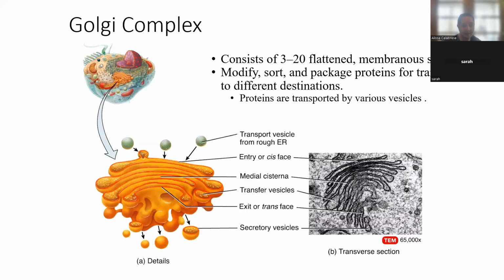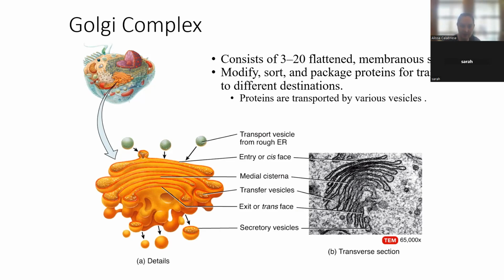All right. Then we've got the Golgi complex. So Golgi looks almost like a stack of pancakes, these flattened sacks that sit on top of each other. The Golgi complex's job is to basically finish off the protein.